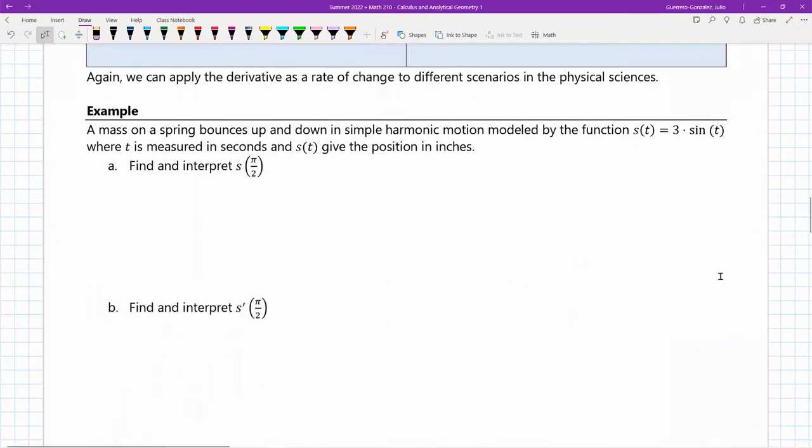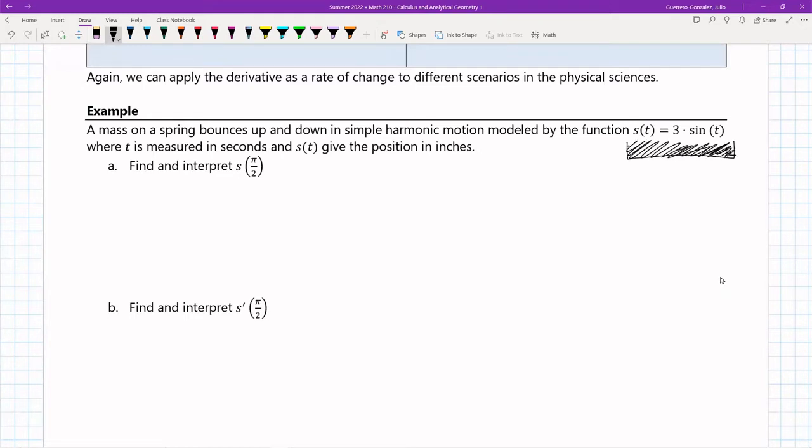So again, we can apply this stuff directly to some good old physics, and that's exactly what we're going to do here. So suppose you have a mass on a spring. The chapter in physics that you guys will see this in is what's called simple harmonic motion.